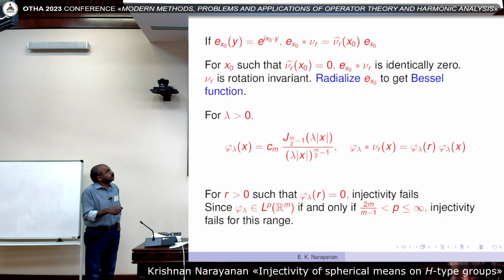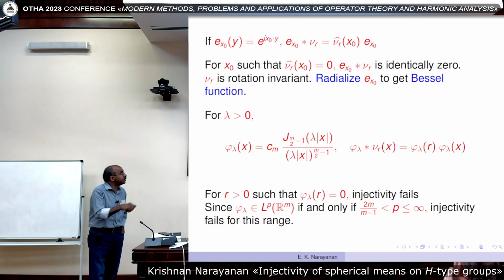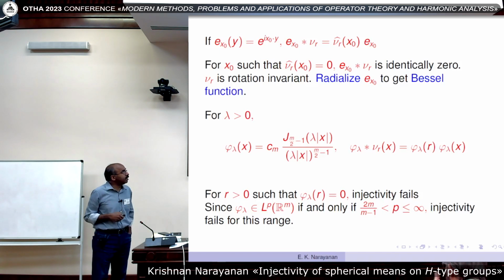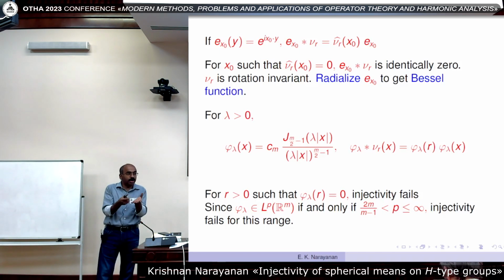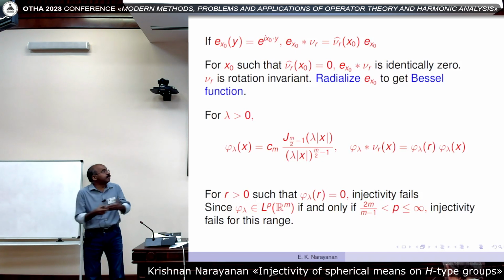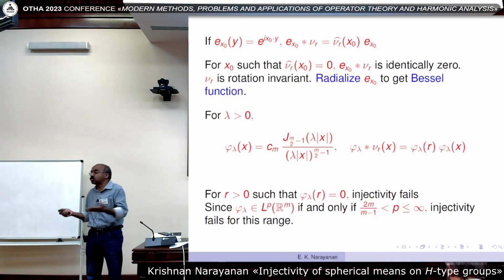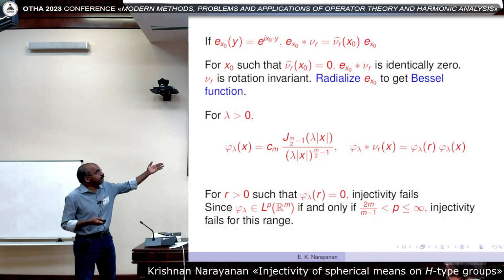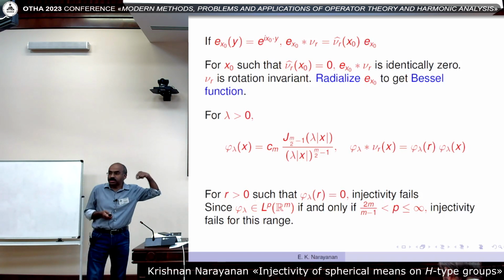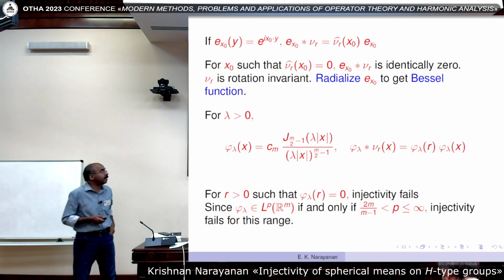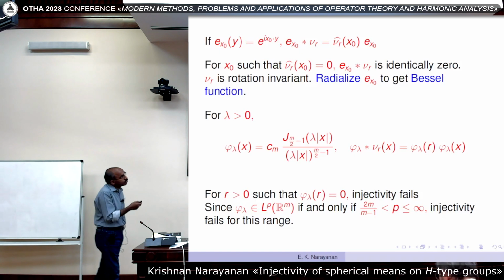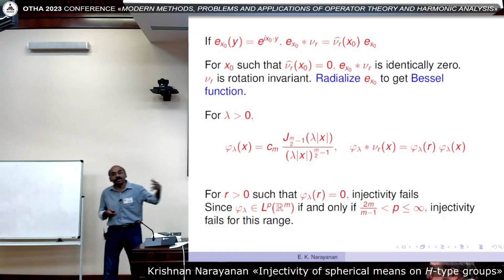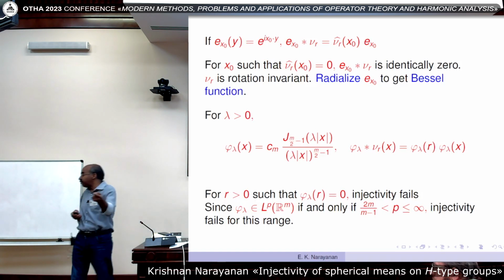Because of whatever is written in the first line, we have this product formula: phi_lambda convolved with nu_r is phi_lambda(r) times phi_lambda(x). Phi_lambda is a radial function, so it makes sense to evaluate it at r, right. That is the eigenvalue. So phi_lambda can be thought of as an eigenfunction for this operator with the eigenvalue phi_lambda(r).